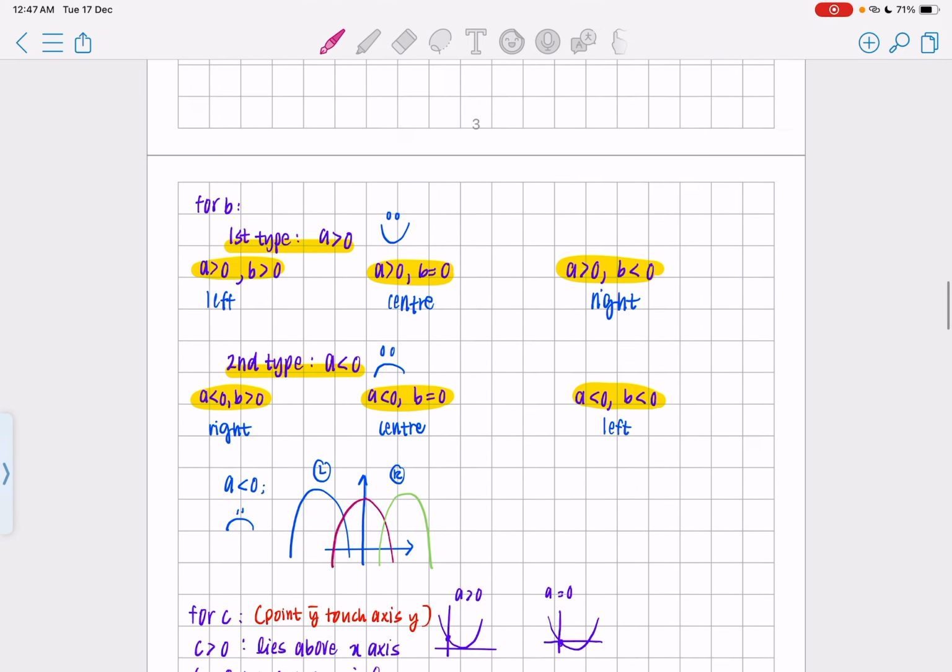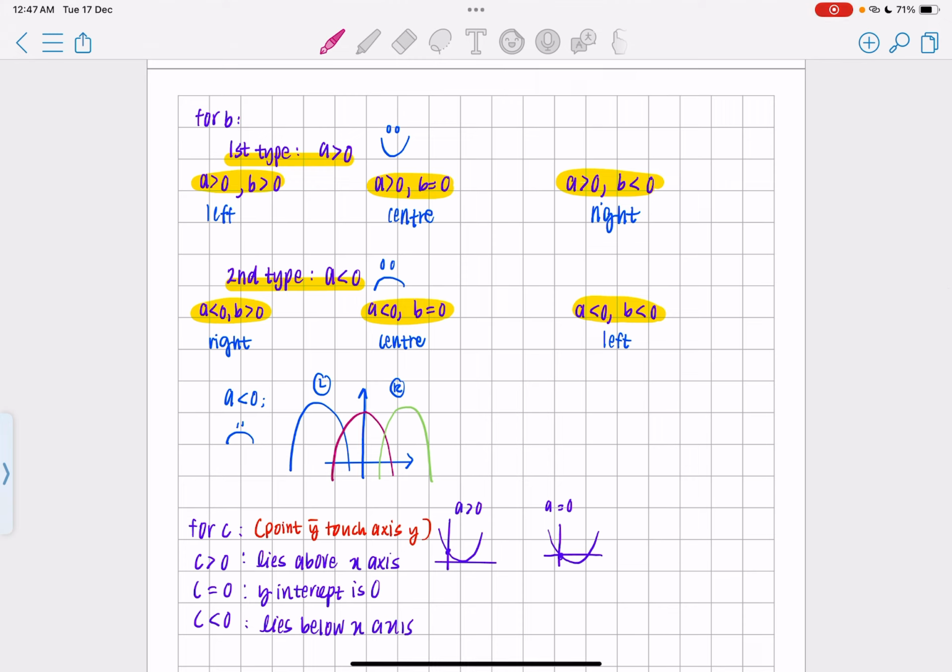Alright, next I'm gonna move on to B value pula. Okay, I nak tulis lagi in case kita lupa. So ax squared plus bx plus c. Okay, I have first type and second type. Basically it's cases lah. Sebab value b ni dia akan depends on a. Kenapa? A ni yang akan tentukan it's smiley or sad. Itu sahaja. So kalau you have a more than 0, it will be all smiley, right?